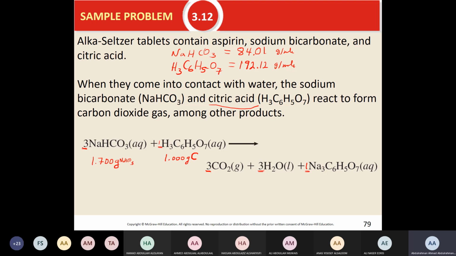I will call it C in this, so to differentiate. Okay? We know the mass of citric acid. Which one is the limiting reactant? That's my question.